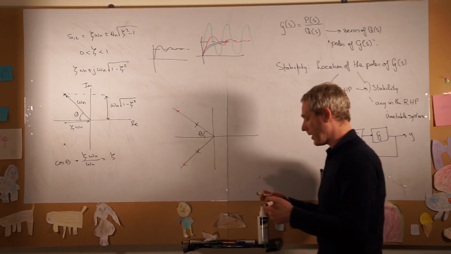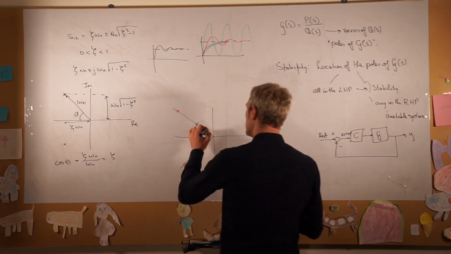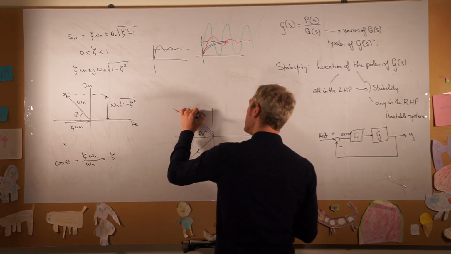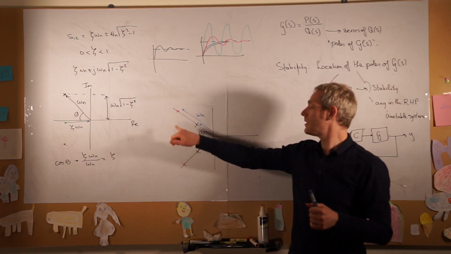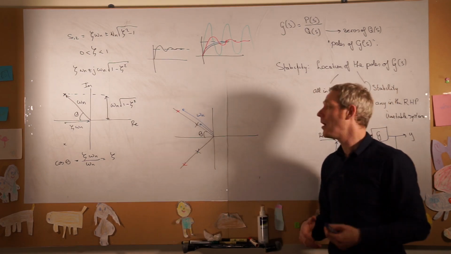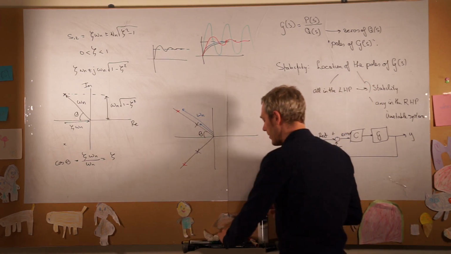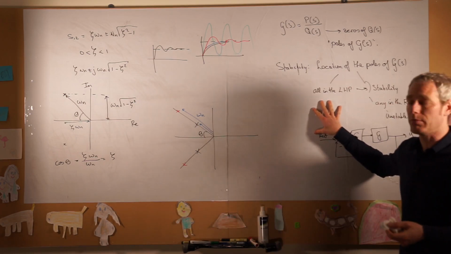What is the difference? Well, the distance from the origin here and here is different, and that characterizes the natural frequency. So this system will have the same damping ratio, but a higher natural frequency. And this ties in with something we want to do beyond having our system just be stable.